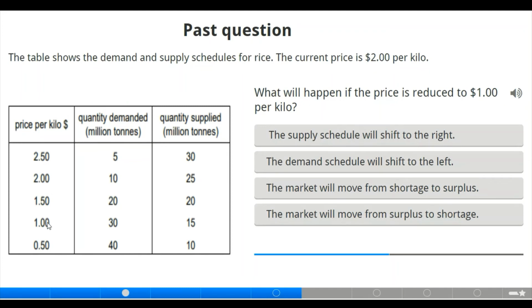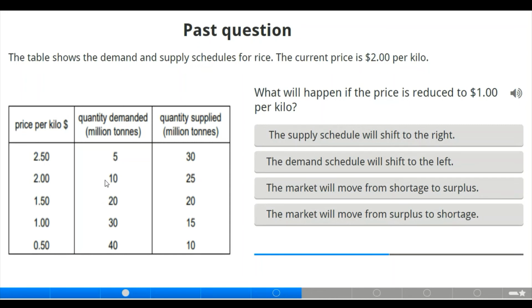Now let us check our options. The supply schedule will shift to the right? No. The demand schedule will shift to the left? No. The market will move from shortage to surplus? Is it from shortage to surplus? Let us check.